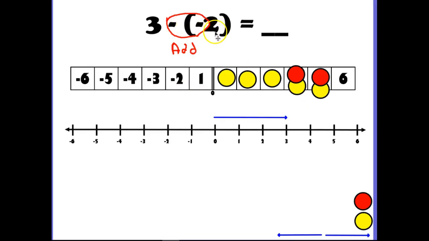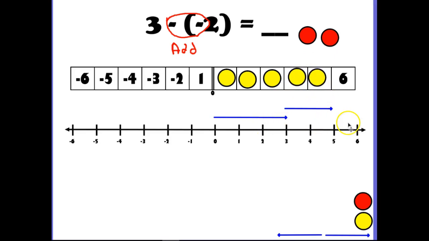You're adding a 2. So I'm going to come over here, and I'm going to add a 2. So that means now I can take this negative 2 away. Negative 1, negative 2. Does my number path match my number line? It does.